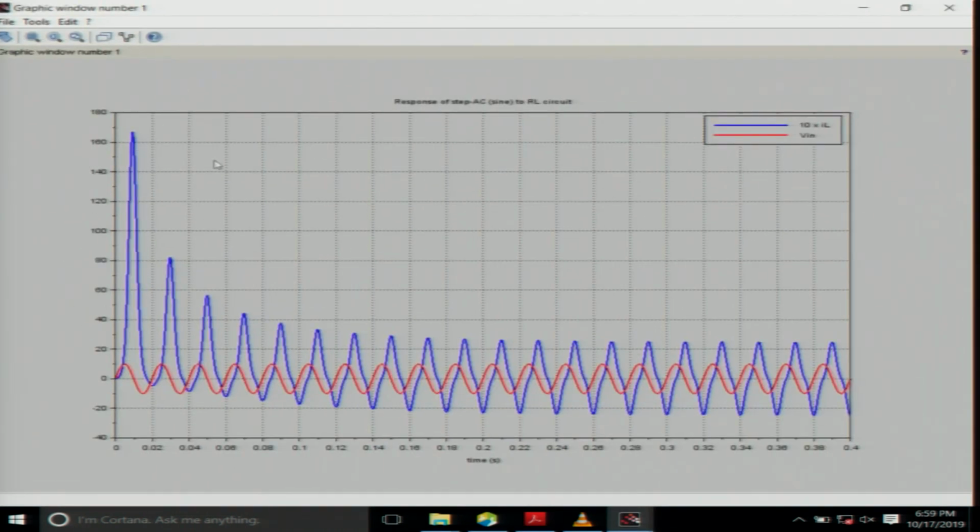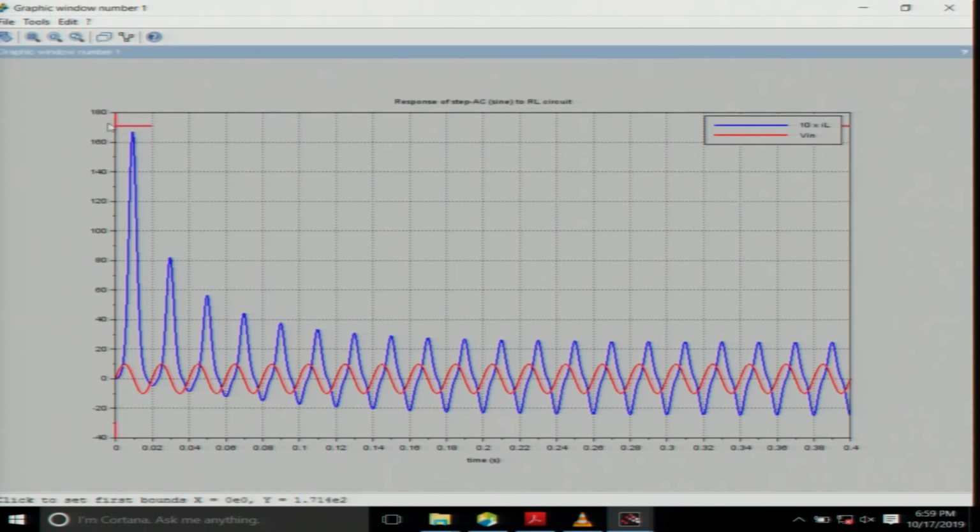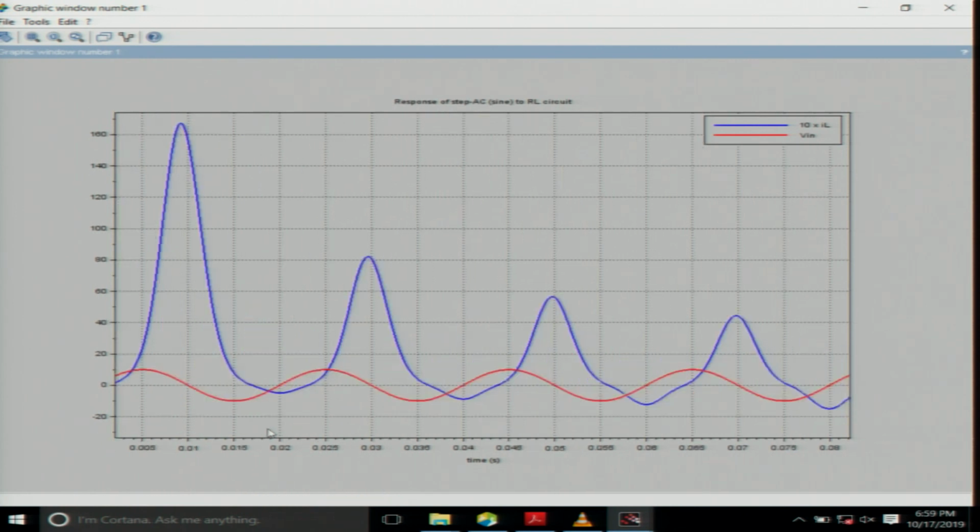So, what we notice is of course that we get a much larger current, and this peaky nature is very prominent, and because R is reduced, it takes a long time for this to settle down.